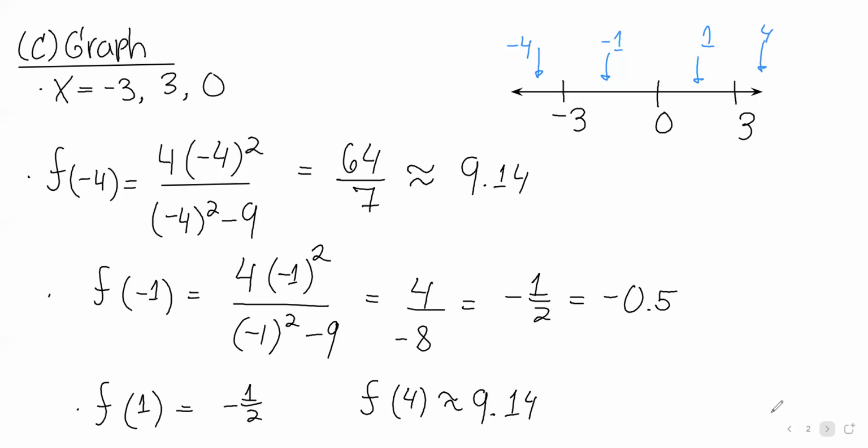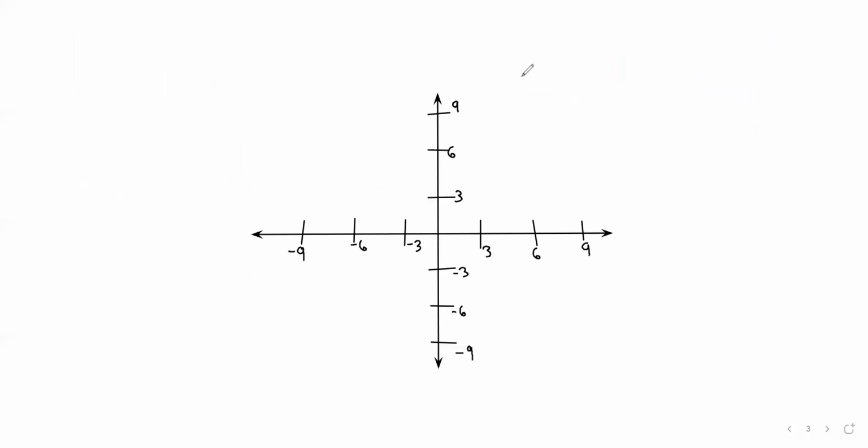Plot all these points. So I plot my vertical asymptotes at -3 and +3. My horizontal asymptote was, let's see, it was equal to 4.